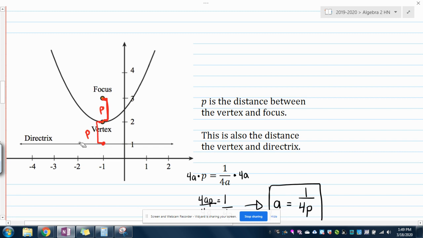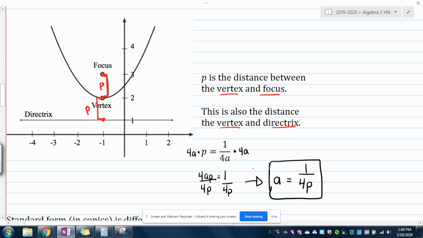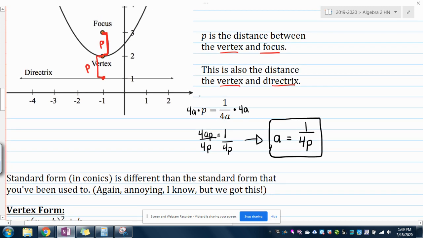But either way, what you need to know is that it is P units away from both of them. So P is the distance between the vertex and the focus, and it is also the distance from the vertex to the directrix. Now, P is equal to 1 over 4A.